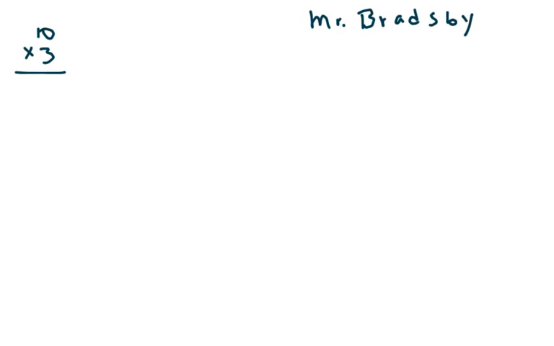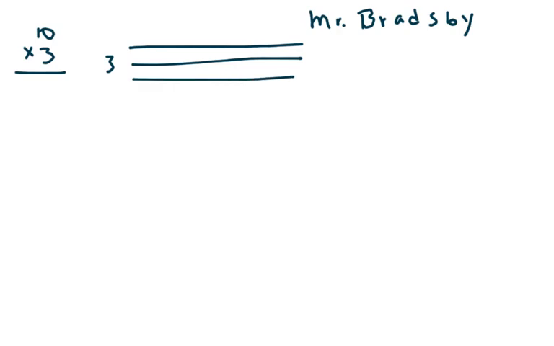The first model I'm going to build is like a rectangle or an array, whichever way you want to talk about it. And we have 1, 2, 3. Okay? So there's 3 down this way, 3 rows. Now I've got to have 10.